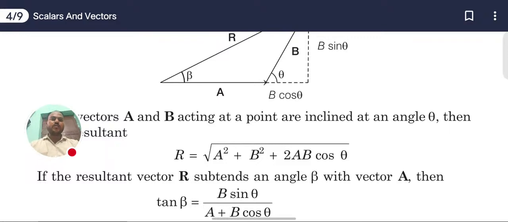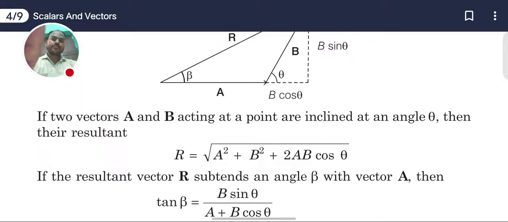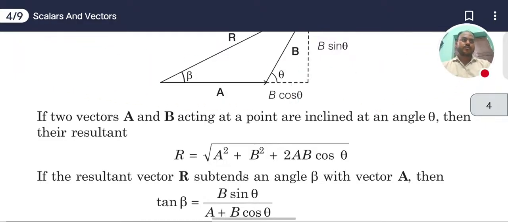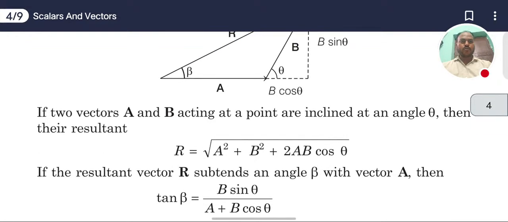Now, if the resultant vector R subtends an angle beta with vector A, then we write tan beta, because we know that sin theta upon cos theta becomes tan theta.